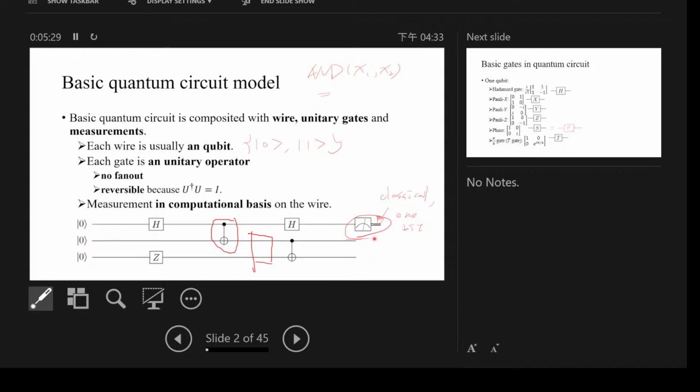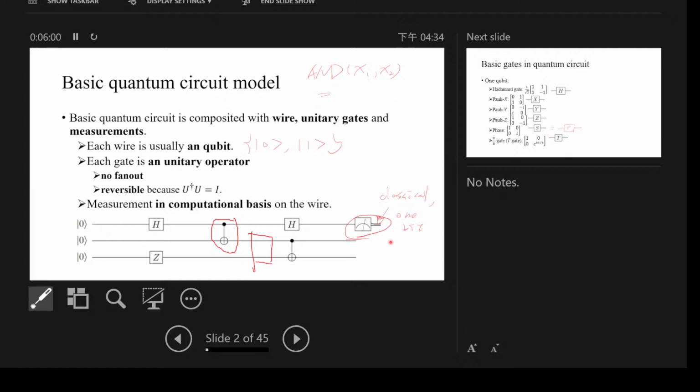Remember, there is a theorem that we don't prove fully, saying that if you want to do a generalized measurement, you can just have an ancilla system and do computational basis measurement on the ancilla system. In terms of a quantum circuit, that's very doable. You can get some ancilla wires as your ancilla system, do some more computation with a unitary, and just measure on the ancilla system. So without loss of generality, we just assume the measurement at the end is classical.